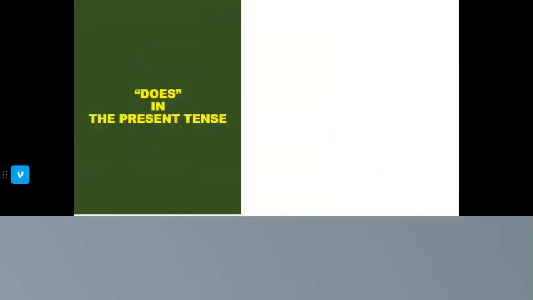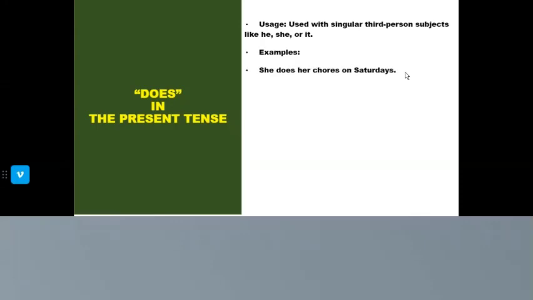Now let's look at does in the present tense. How is it used? Does is used with singular third person subjects like he, she, or it. Examples: she does her chores on Saturdays. Does he play football? Now let's look at a common mistake. He don't play football.